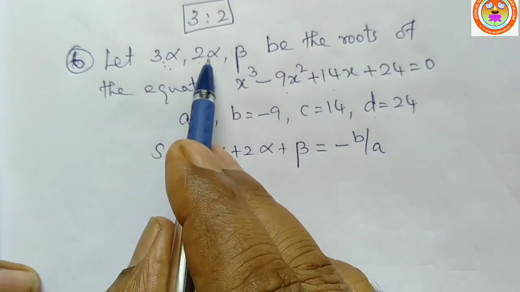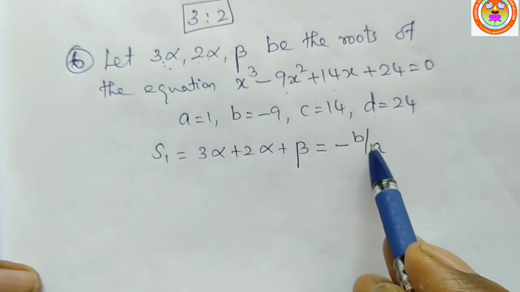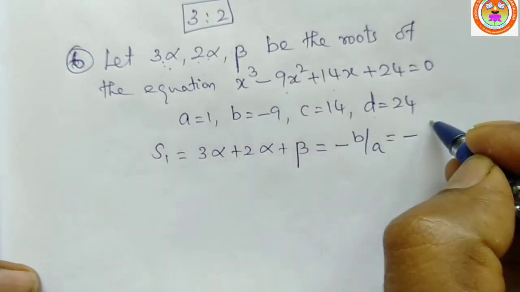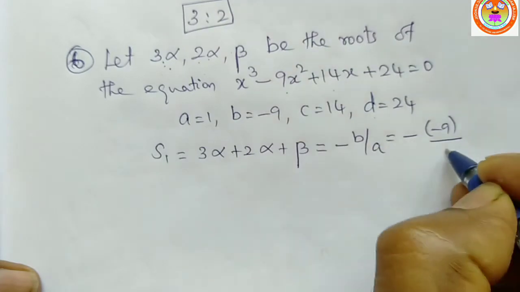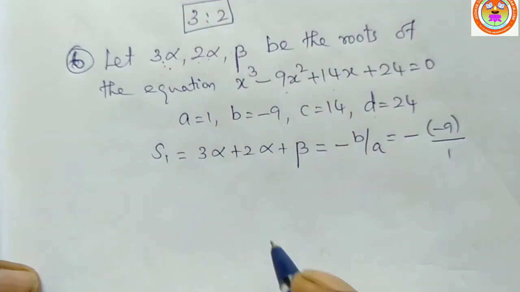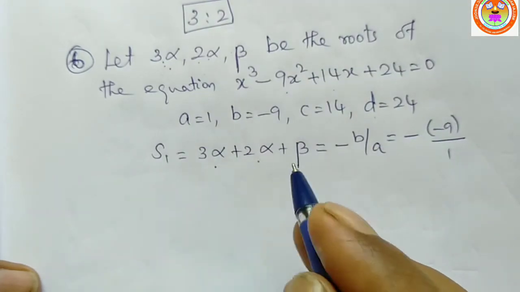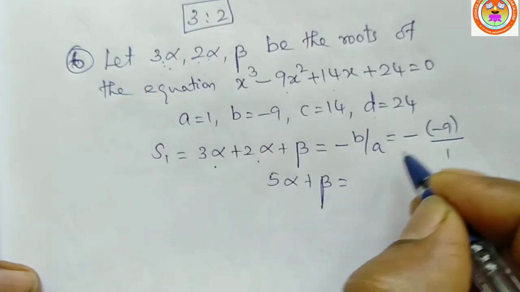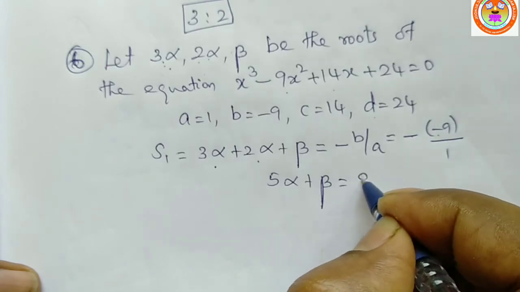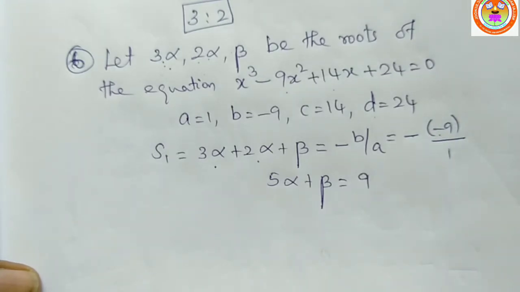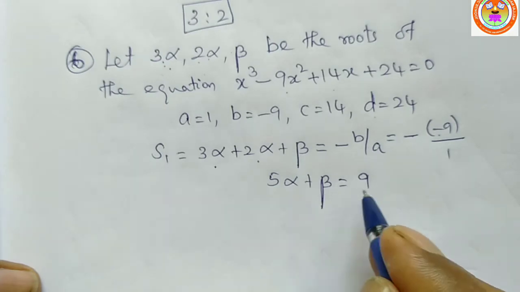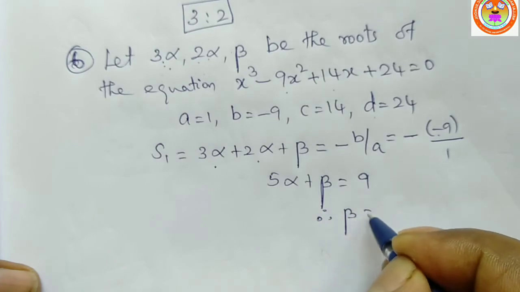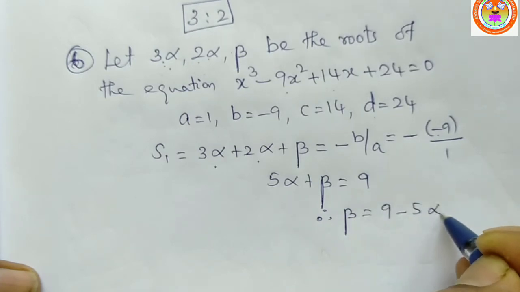That is equal to minus b by a. b is minus 9, a is 1. 3 alpha plus 2 alpha is 5 alpha plus beta is equal to minus of minus, plus 9. From this relation, we can find beta. Therefore, beta is equal to 9 minus 5 alpha.